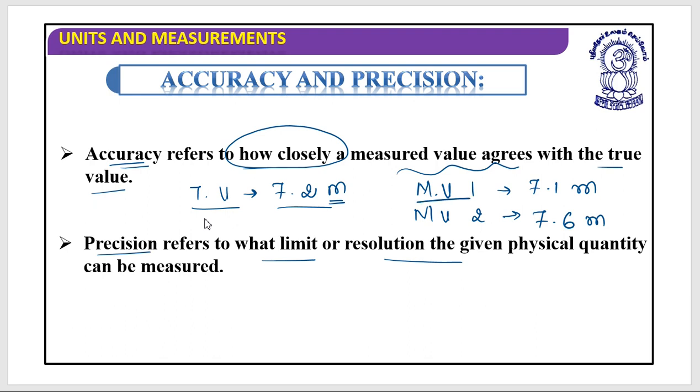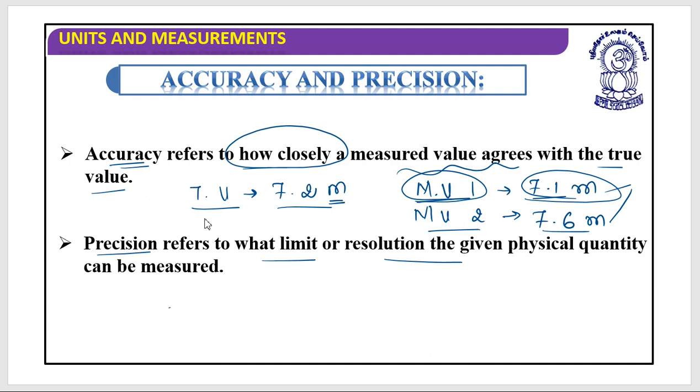Which one is closer to the true value? By observation we can see that 7.1 is closer to the true value. So in these two readings, 7.1 meter is more accurate as compared to 7.6. Can you get it? Okay.